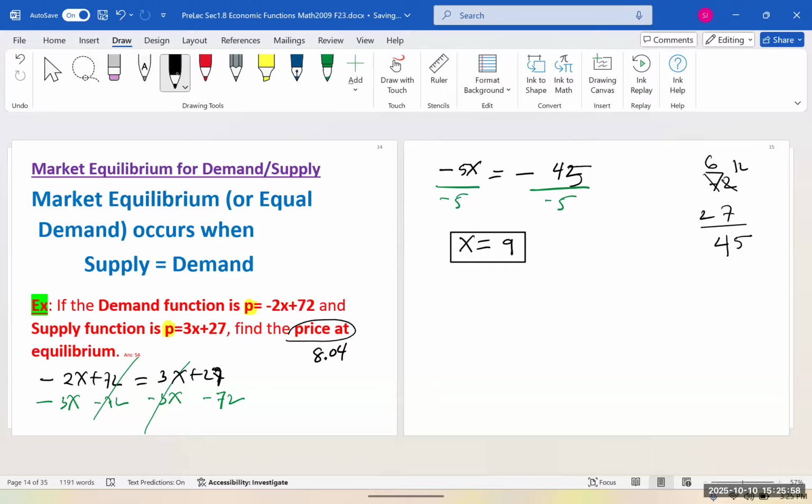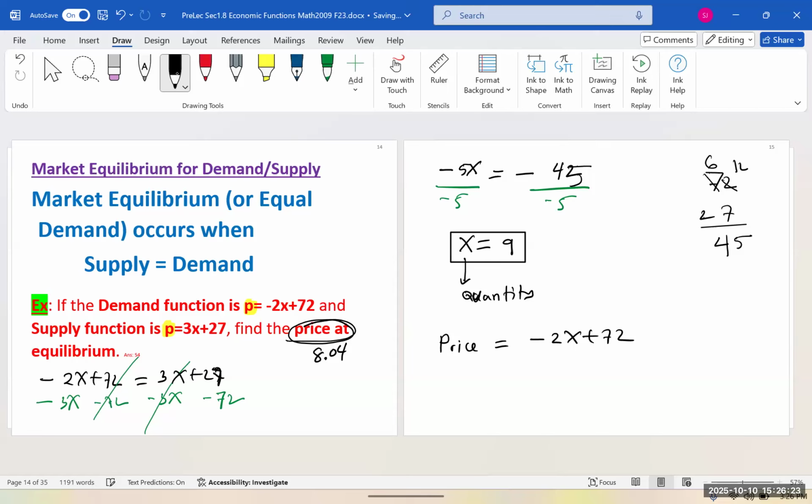Find the price. So are x and price the same thing? No, x is the quantity. But we are looking for price. So how do you find price? Negative 2x plus 72.